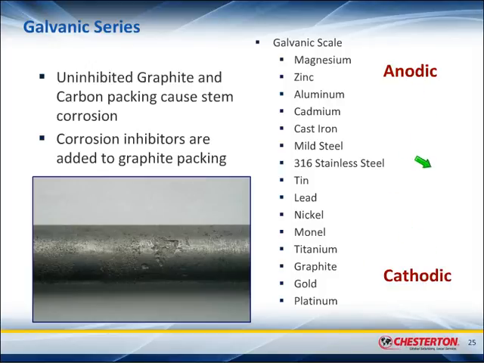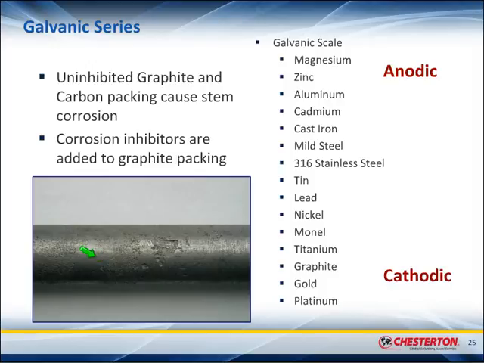What we can see now is that stainless steel is somewhat in the middle of the scale, but graphite is much more on the cathodic side of the scale. So if you take a stainless steel stem, such as here, and you put a graphite packing around it, and you add an electrolyte in the form, for example, of hydrotest water, you make this wet, what you create is a battery.